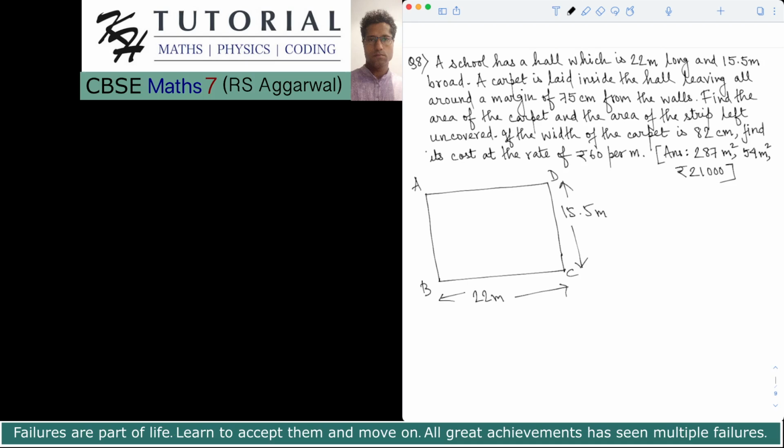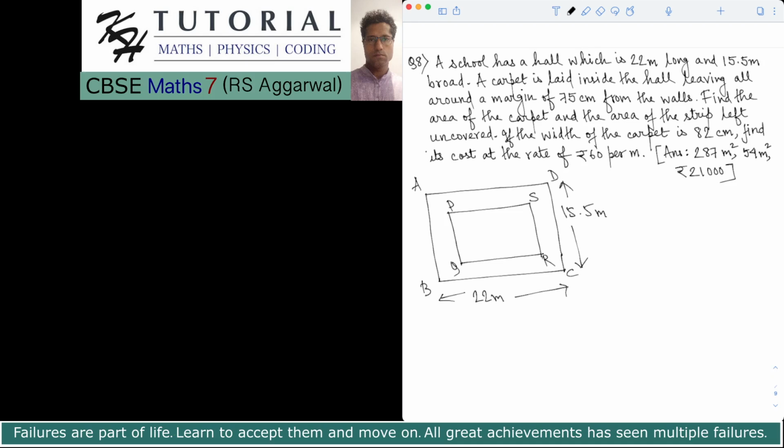Now a carpet is laid inside the hall, leaving all around a margin of 75 centimeter. So this is the total area of the carpet. This rectangle PQRS denotes the carpet area.